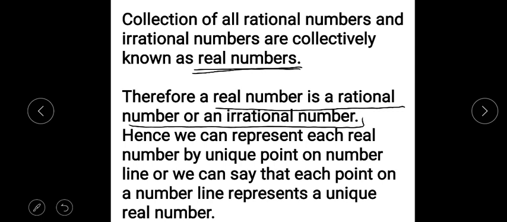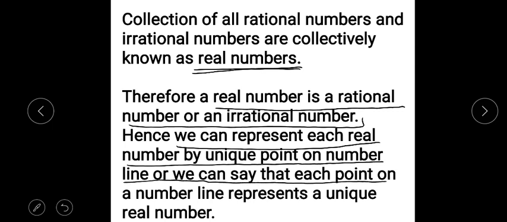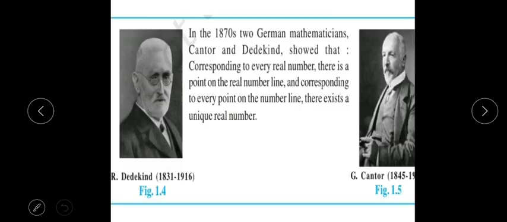Okay, so hence we can represent each real number by a unique point on the number line, or we can say that each point on the number line represents a unique real number, right?